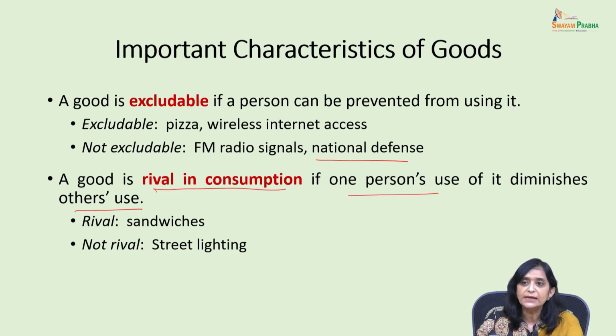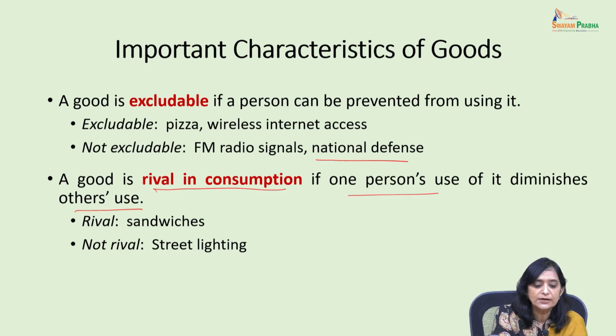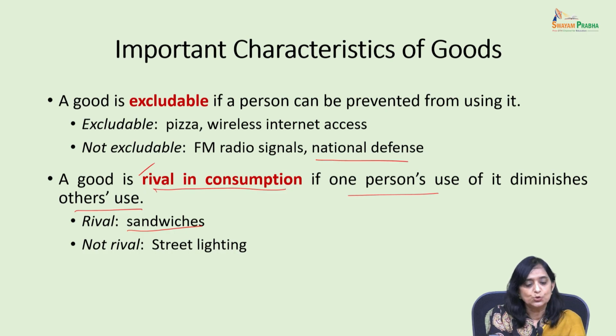This means my consumption of that good has reduced the total quantity available to the rest of the people. Those goods are called rival in consumption. For example, sandwiches. There are a limited number of sandwiches available. If there are 10 sandwiches and I consume 2 of them, then for the rest of the people only 8 sandwiches are left. That is called rivalry in consumption.